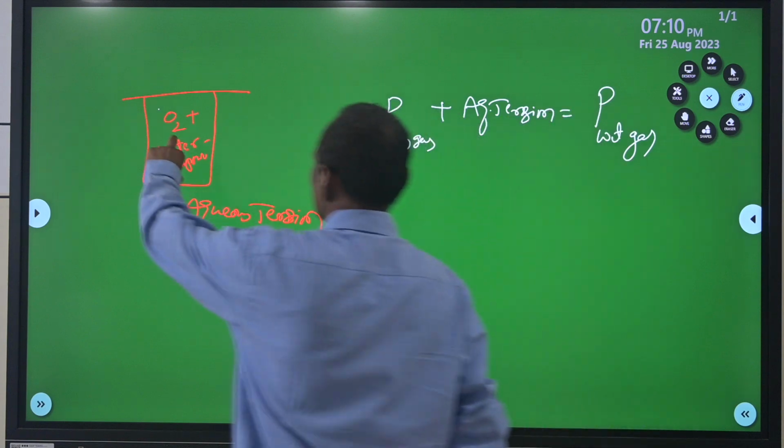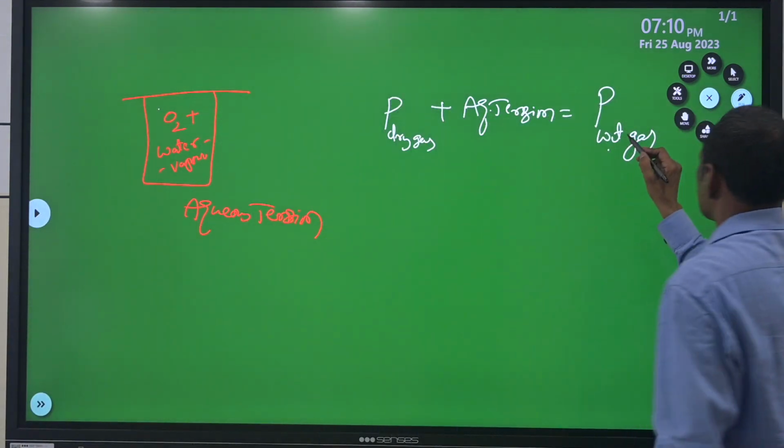What do you mean by wet gas? The gas plus water vapor is called wet gas.